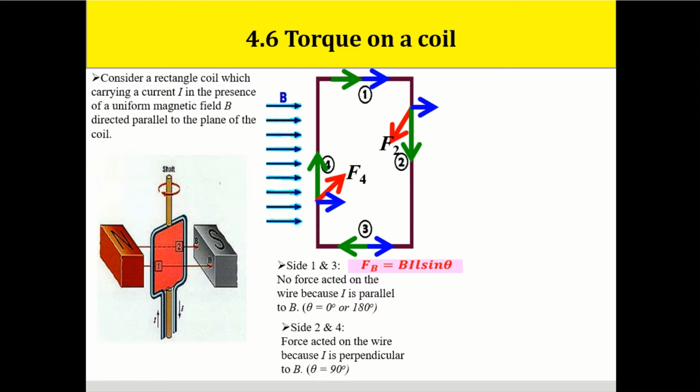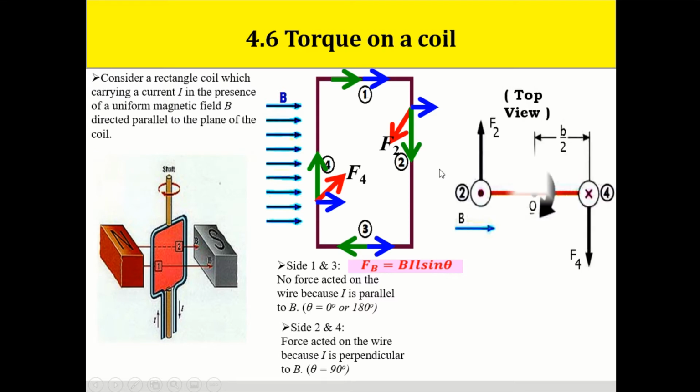So why don't you all try? Have you tried? From the top view, it shows that both magnetic forces are in opposite directions. As a result, the coil will rotate in the clockwise direction.